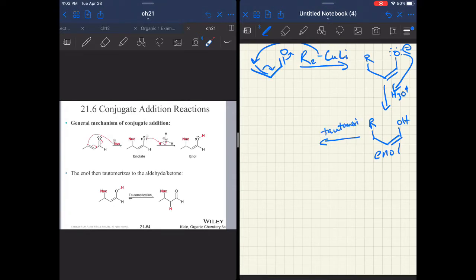We have done the tautomerization mechanism at least twice, once in Orgo 1 and once earlier in this chapter. And so I'm going to just skip that for now, but you are going to tautomerize, something you already know how to do.